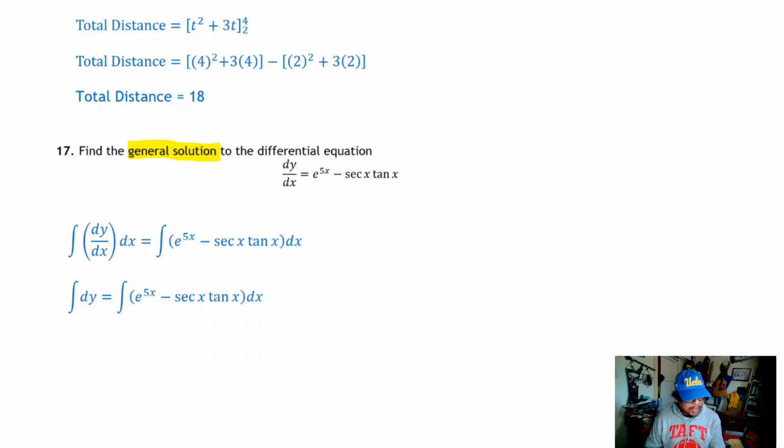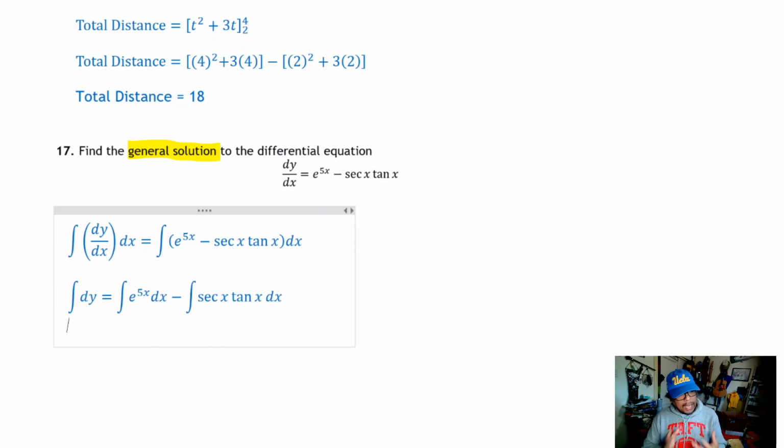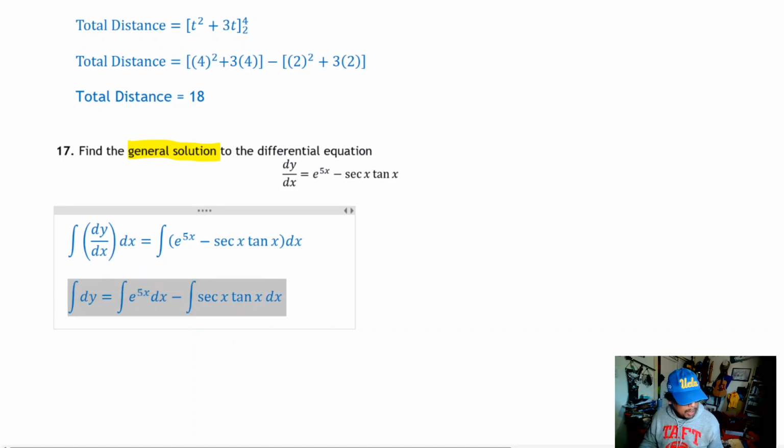On the right side, we can separate that antiderivative into two different integrals. Again, after you have done integrals for a while, you wouldn't necessarily separate that out since you've had so much experience with this. I'm going to copy this and we'll go ahead and integrate each part here.